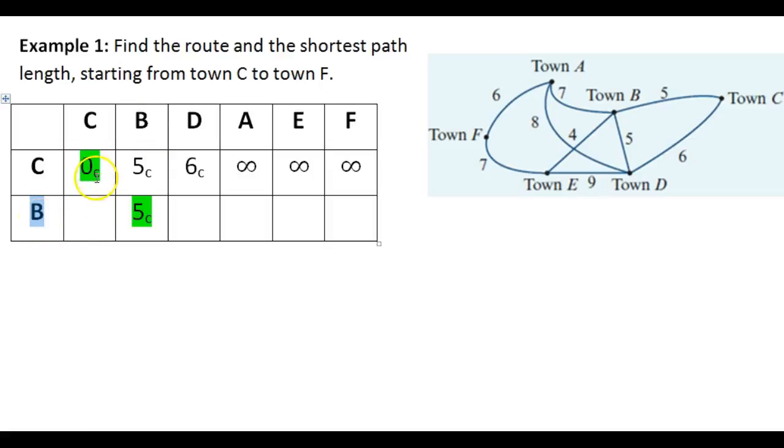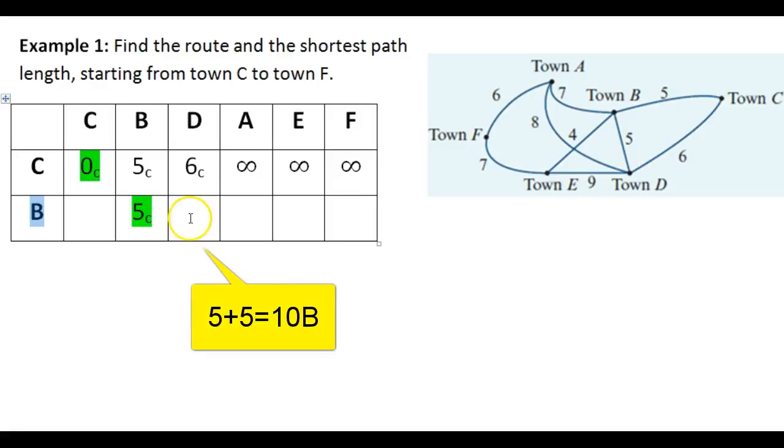Now there's no need to repeat anything under a boxed item because that is the minimum distance, so we go across to D. Now we have come via C and that's 5, so here we are at B. How far is it to D? Well, we have to add 5 more to this value 5, so that's 10.